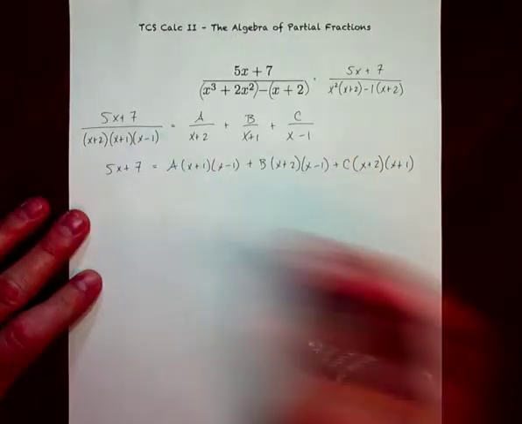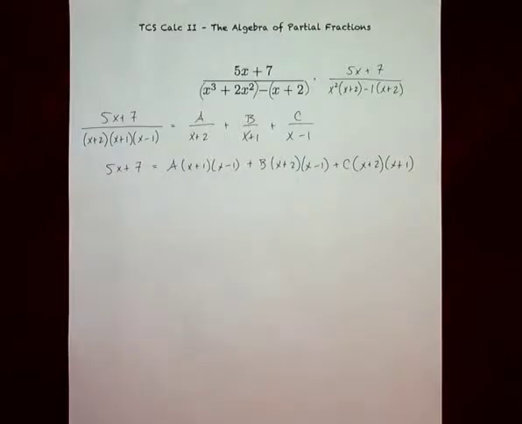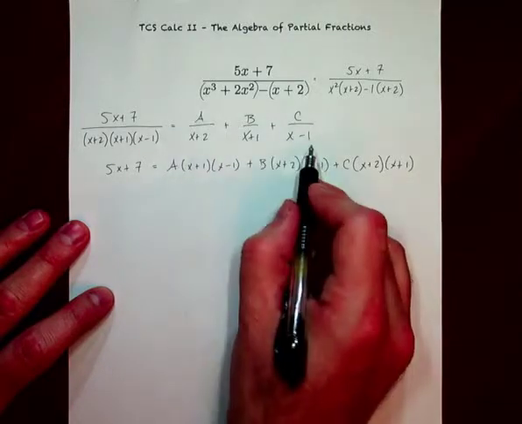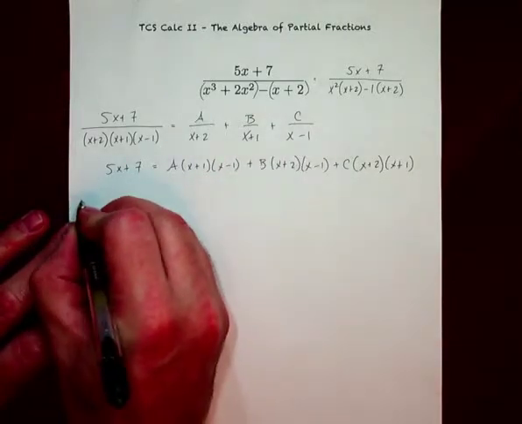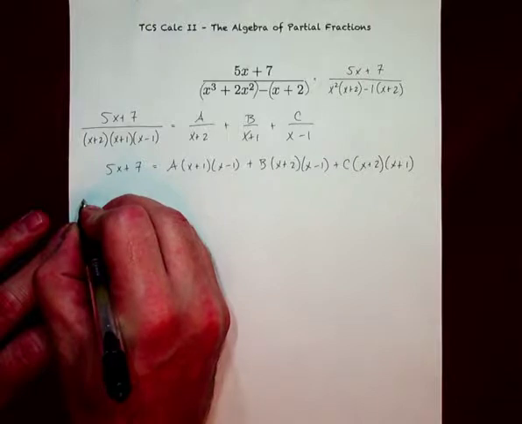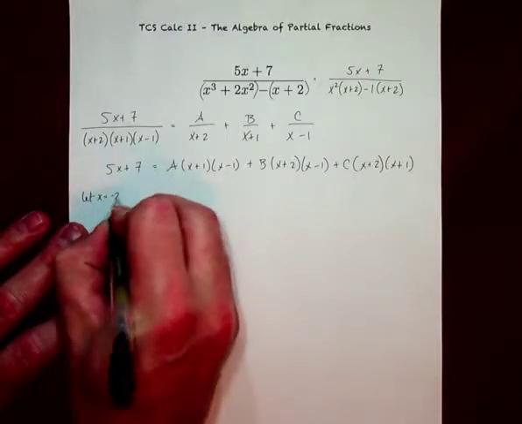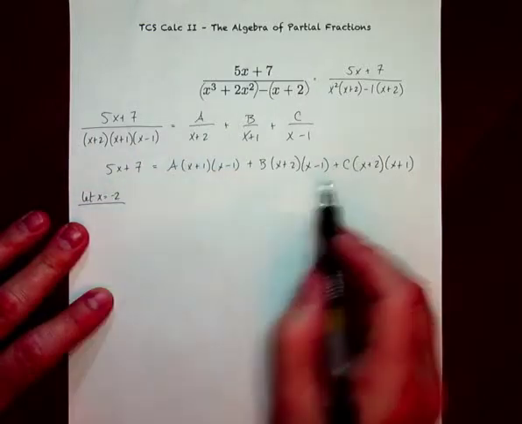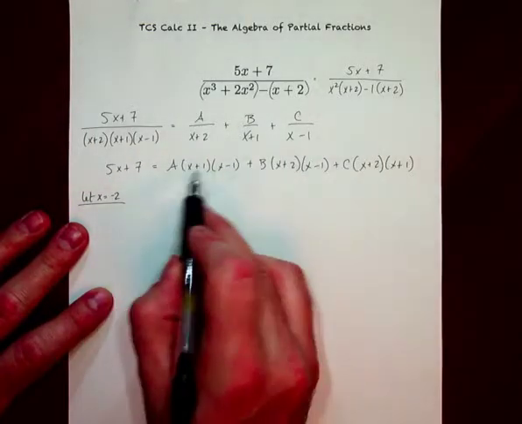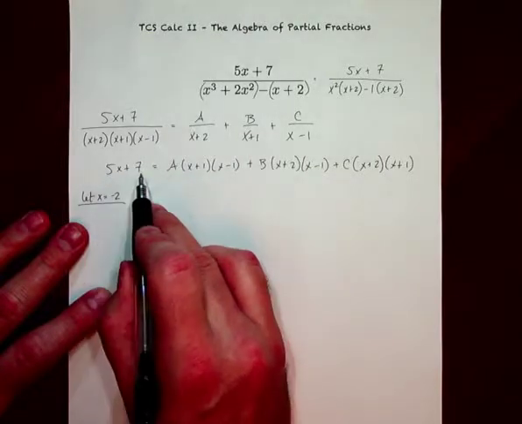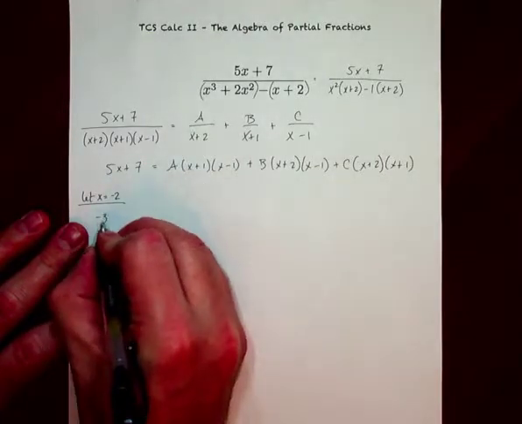Okay, well since we have all linears, we can use the Heaviside method with just the three convenient values, -2, -1, and 1. So let's go ahead and start with the convenient value of -2. So let x equal -2. Now, of course, that's going to cancel out B and C. It's only going to give us an A term, and of course, this winds up being -10 plus 7, so -3.